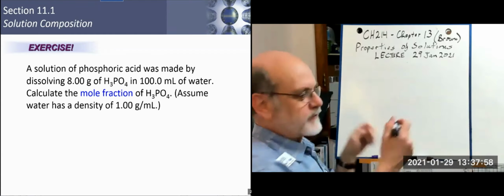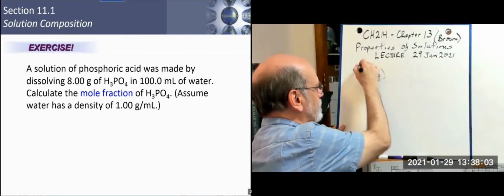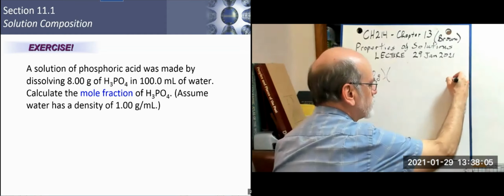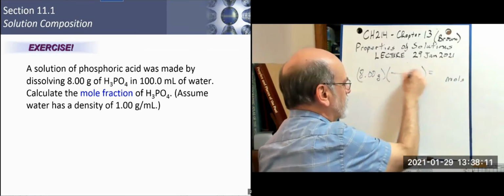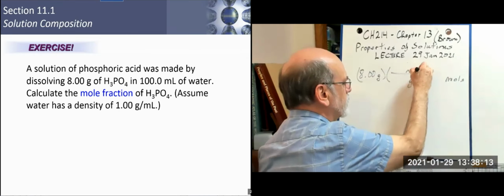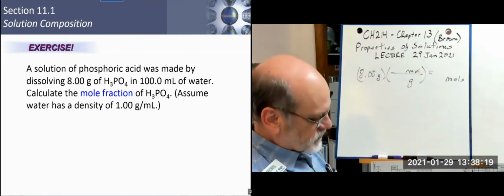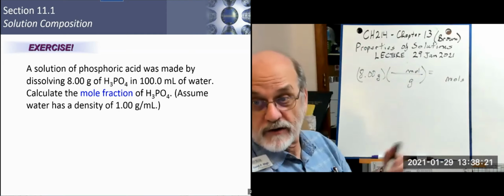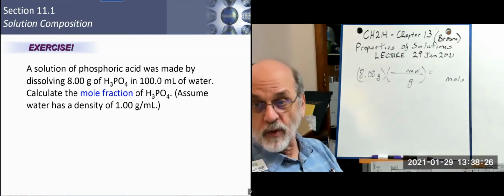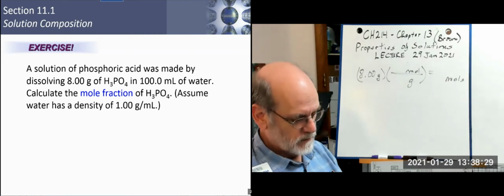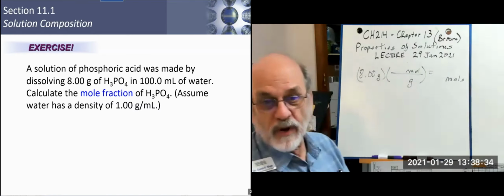So we got 8 grams of phosphoric acid. And we need to convert it to moles. So we got to cancel grams and leaves us with moles. There the light bulb comes on and says molar mass. So what's H3PO4 molar mass? We have to go back to our periodic table. 3 times hydrogen is 3.03. And then phosphorus is 30.97.